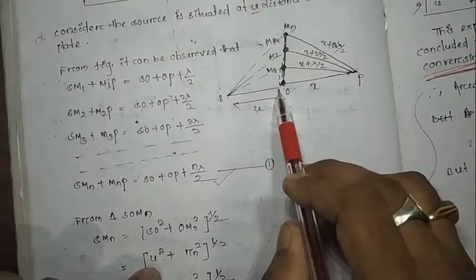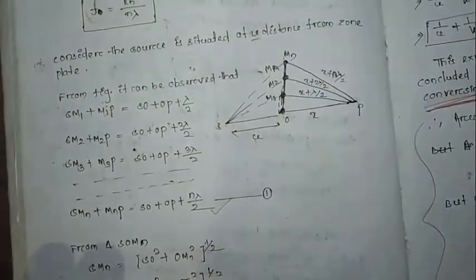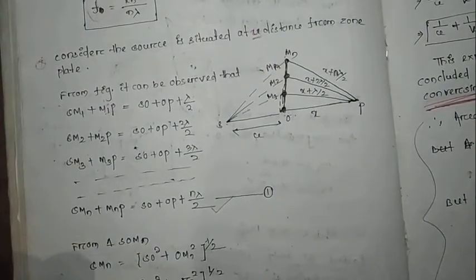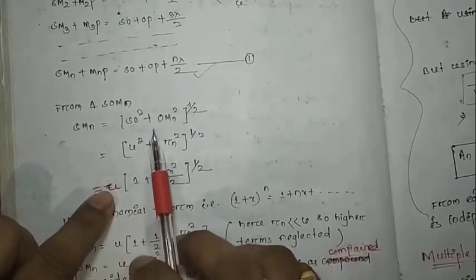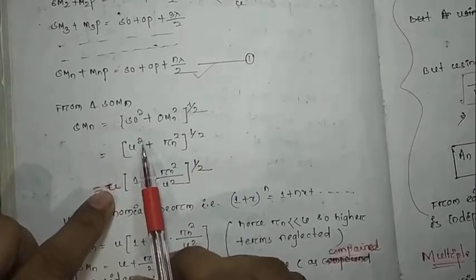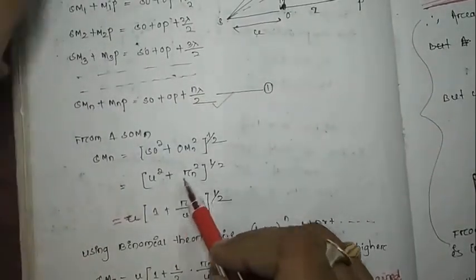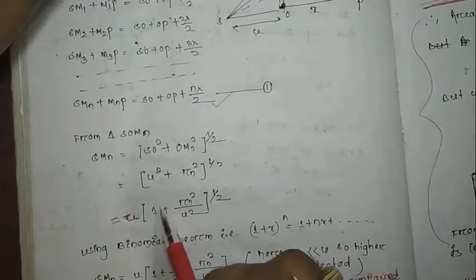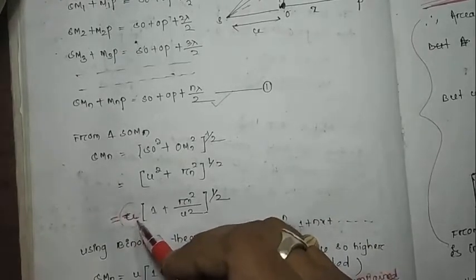SO square is u square, plus OMn, which is the distance Rn, square, root over. SO is nothing but u, so we can write root over u square plus Rn square. And if we take u common outside, then it will be 1 plus Rn square by u square. Here you have to correct: u was not written previously, you have to write it.